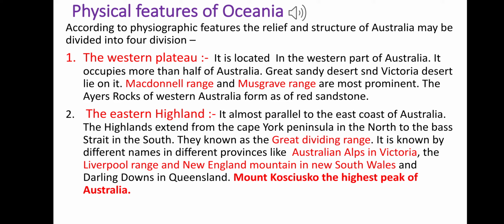They are known as the Great Dividing Range, and this range has different names in different provinces, like the Australian Alps in Victoria, the Liverpool Range and the New England Mountains in New South Wales, and the Darling Downs in Queensland. Mount Kosciuszko, the highest peak of Australia, is in these Alps in New South Wales.